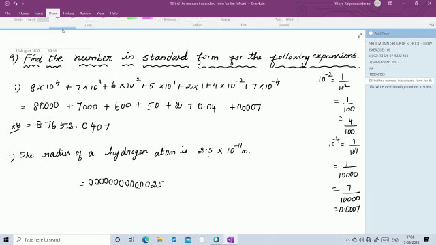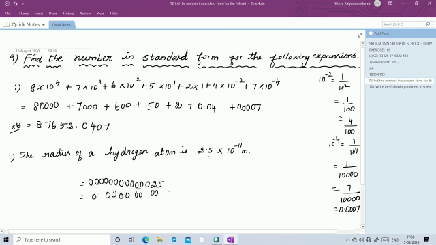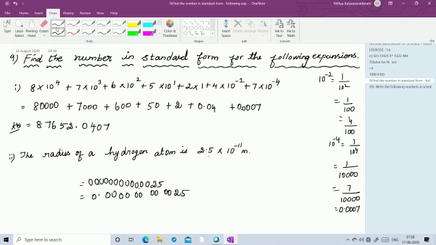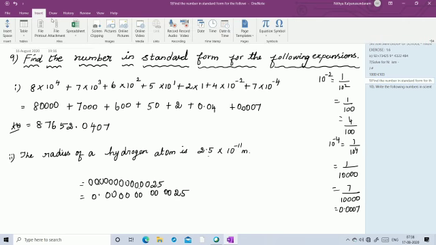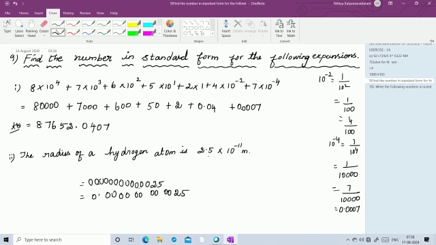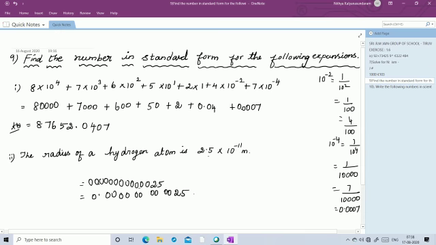So the answer is 0.000000000025. Then it is given in meter, so the answer will also be written in meter.